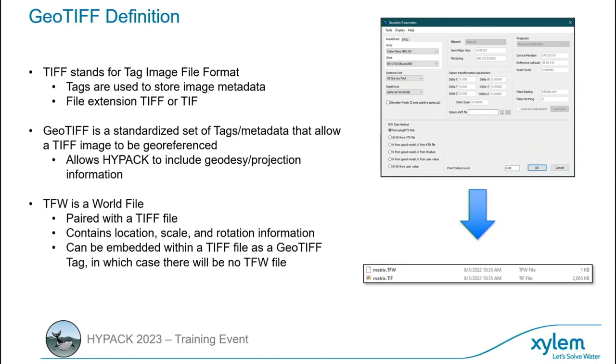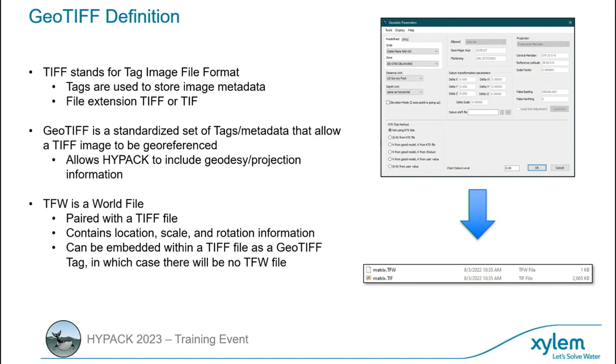And then I wanted to talk about what a TFW file is, because I'm sure you've seen those before, paired with your TIFFs on export. At least in HYPACK, we do that a lot. It just contains about 6 values, and it describes the location, the scale, and the rotation information. There's no projection information.